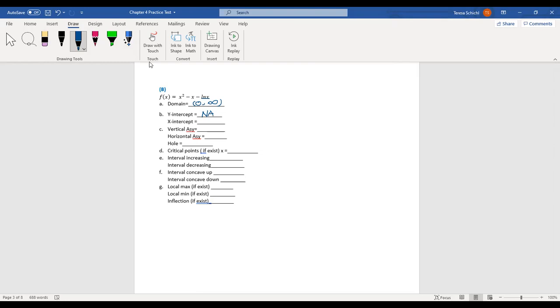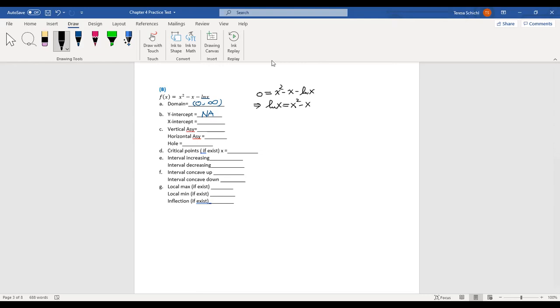So now the x-intercept here. The x-intercept is y equal to 0, right? So that means 0 is equal to x squared minus x minus natural log x. If we solve this, we said the natural log x is equal to x squared minus x.